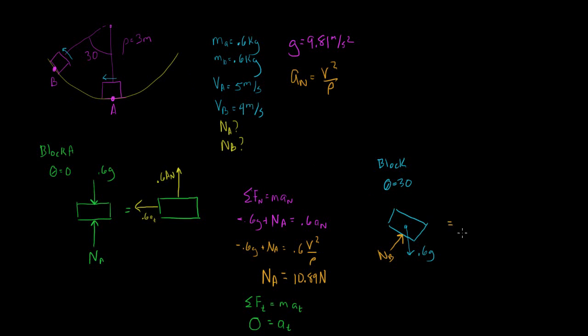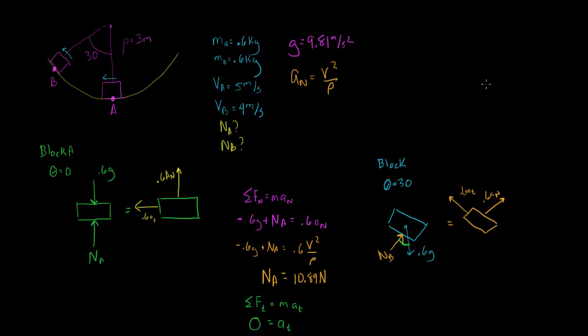So this is equal to a kinetic diagram. So right here. And we're going to assume it has a normal acceleration, so 0.6 times the acceleration in the normal direction. And we're going to assume it has a tangential acceleration, so 0.6 times the acceleration in the tangential direction. Now we need to do a little bit of geometry, and we need to figure out what this angle is right here.